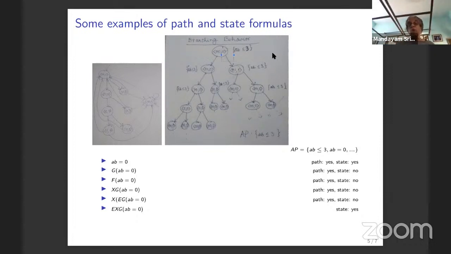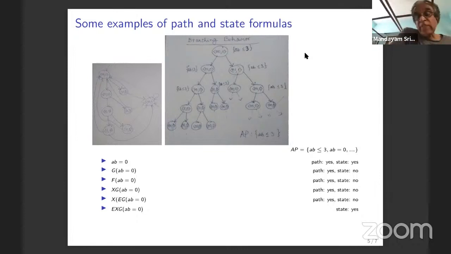In order to do that, you want to say that every path originating from a particular state has a certain pattern. Therefore, you need both. Branching behavior is like that, whereas linear behavior is only constraints on paths, so you need to be able to say path formulas.